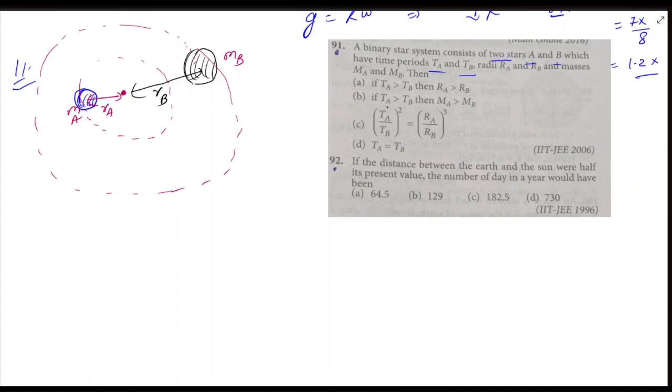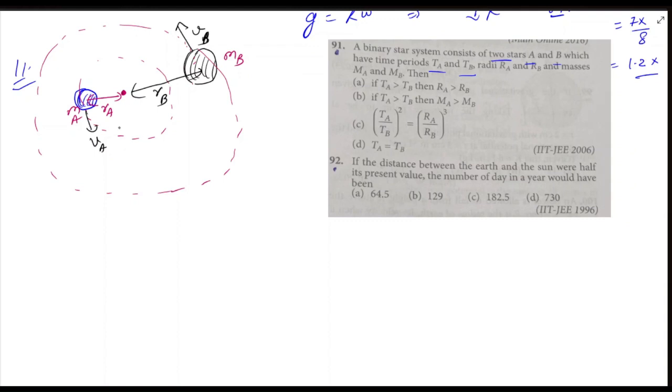Now we have to check which one is true. Now look, if they are rotating about their center of mass, the omega will be same, right? This will be moving with the speed of VB. This will be moving with the speed of VA.